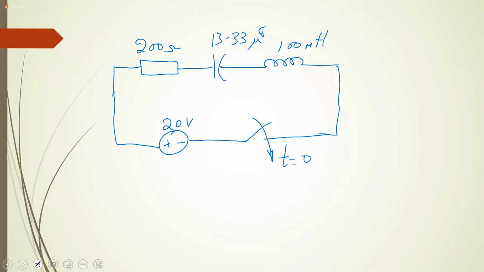We are told that this 20 volt source is applied at t equals 0, and I want an expression for the current transient. All right. So what we're going to be doing is just looking at the general steps that we would go through for a question like this.